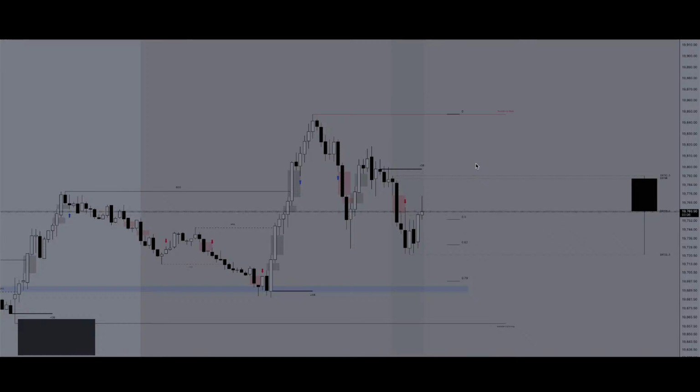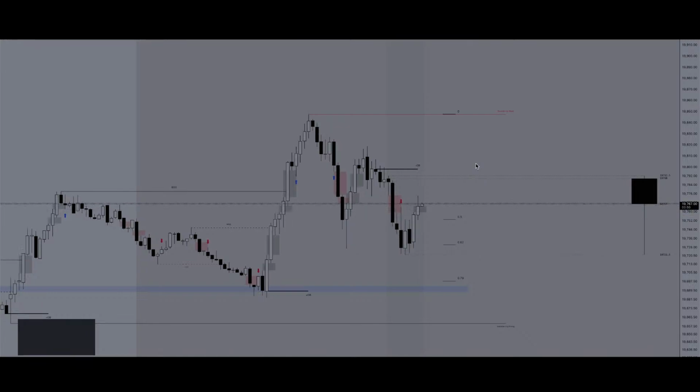We definitely need lower prices, in my opinion, in order to really look for these shorts, which we're not getting right now. Something like this is a manipulation, to be honest. You see how this 4-hour candle is now like wick on the wick is larger on the lower end.